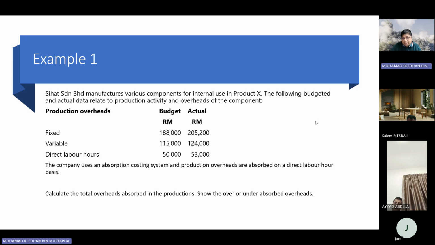After you get the OAR per unit of labor hour, you multiply by the actual direct labor hours to get the total overhead absorbed in the production. Then you compare with the actual total overhead incurred, so you can know whether it is under or over, because normally absorbed minus actual gives the over or under absorption.